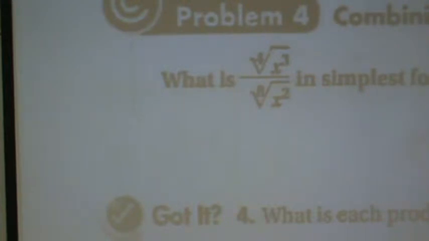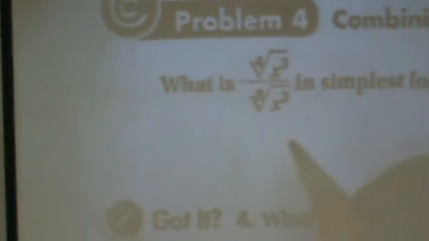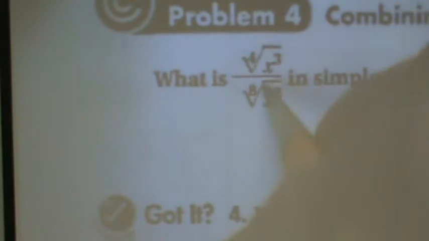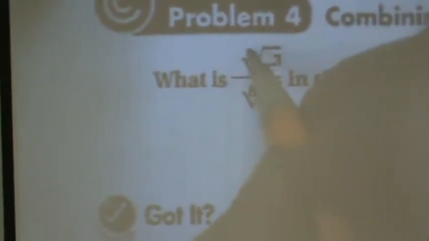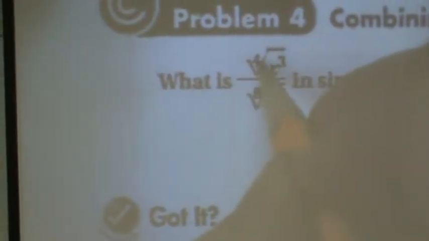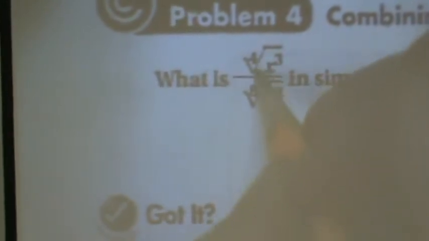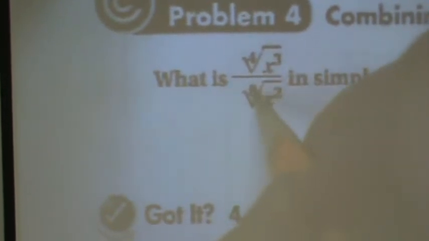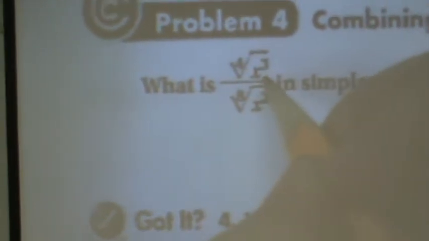Well, now I'm going to give you the tools to do this problem, because you really can do it. You just didn't know. You cannot cancel these out because these indexes are not the same, or I should say indices. If these were both 4s or both 8s, then you can cross them out.